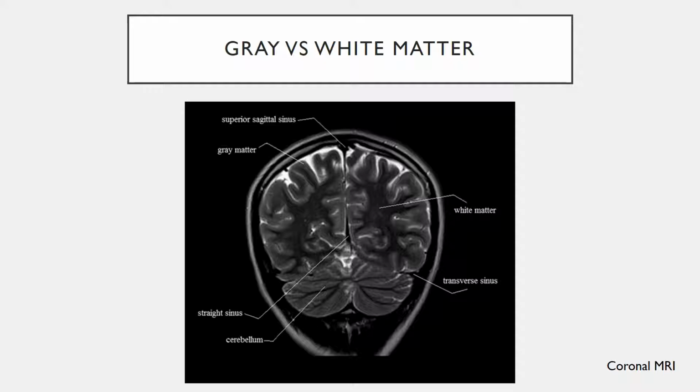White matter is myelinated, so it will have that fatty covering over the axon. It's that covering, it's that myelin sheath that's going to make gray matter and white matter appear different on our images. We can see the difference between that gray matter and white matter on our CT scans, MRI scans, and ultrasound.